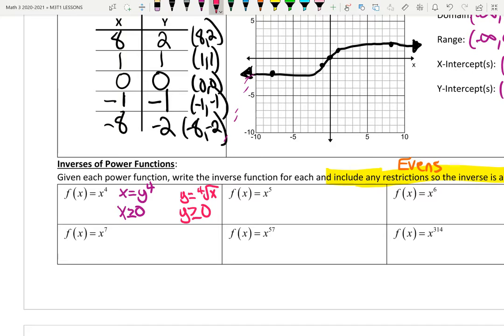This next one, x to the 7th. Again, I'm going to flip my x's and my y's. X is equal to y to the 7th. It is odd, so I don't really have to worry about it. Because it's odd, I can simply write the inverse as y is equal to the 7th root of x.